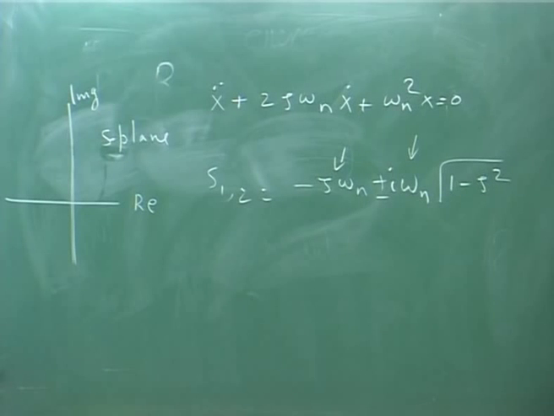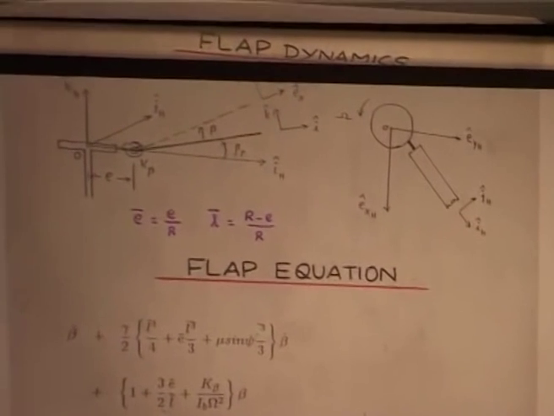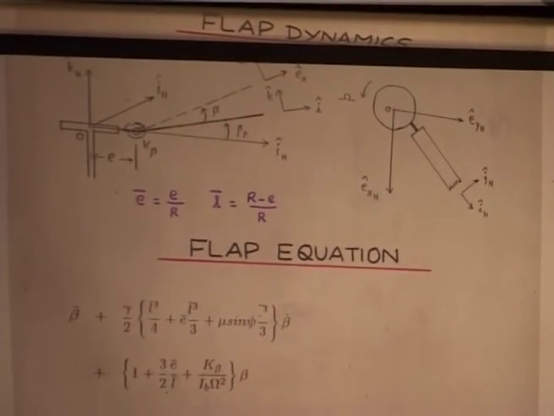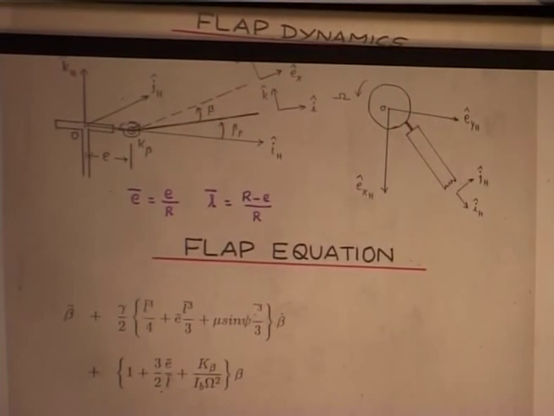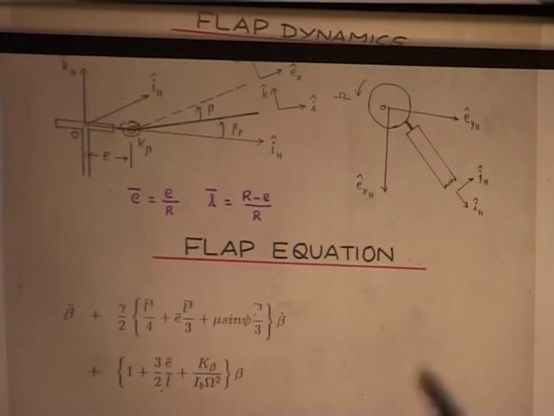Now we will start with the blade equations, because you learnt about the natural frequency, how it gets influenced by the hinge offset and the root spring. Because the hinge offset and root spring increase the flap frequency.